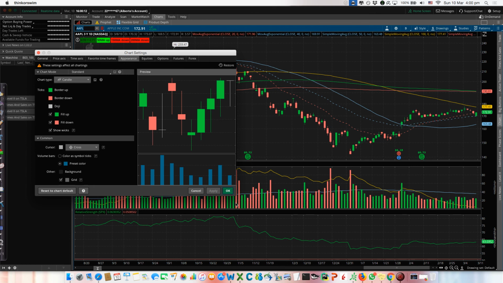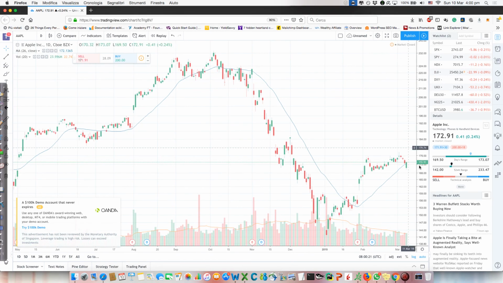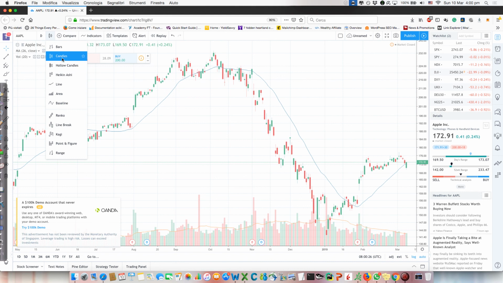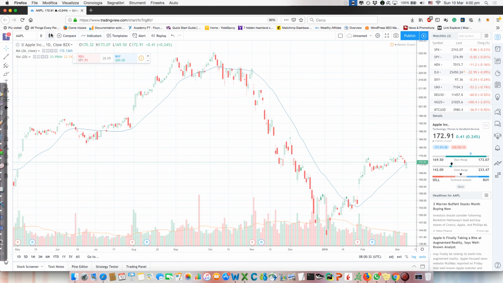I can show you how to do that also with TradingView. Here, same thing. You just go here, and instead of candle, you can go to hollow candles. See, very easy.